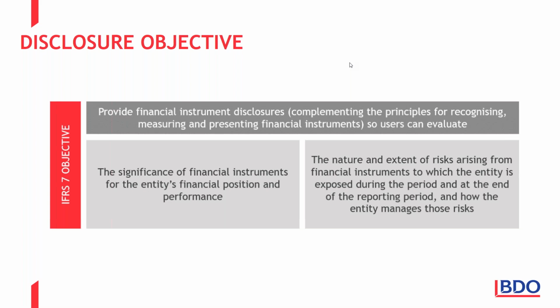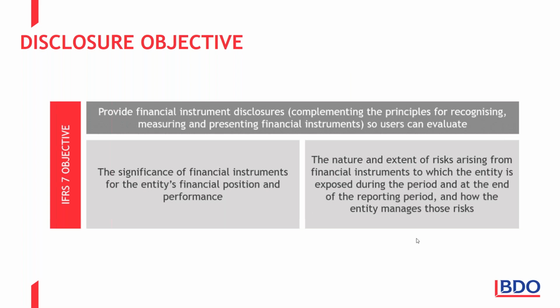In the block on the left-hand side, users can evaluate the significance of financial instruments for the entity's financial position and performance. So it's so people can see how many financial instruments we have, what the size is, how important it is to our business.